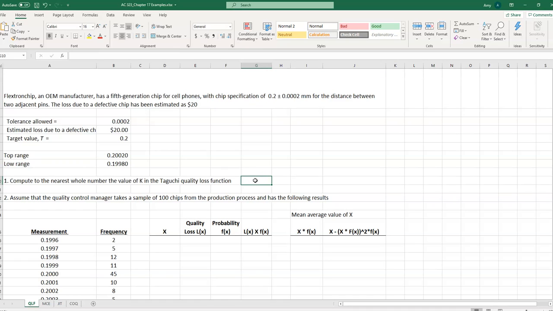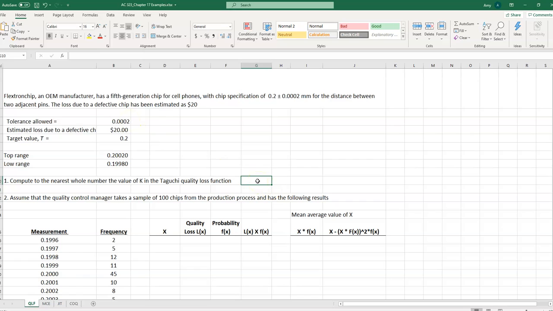When we're looking at the value of k from the Taguchi loss function, that value is our total quality cost, $20, divided by the tolerance allowed squared.